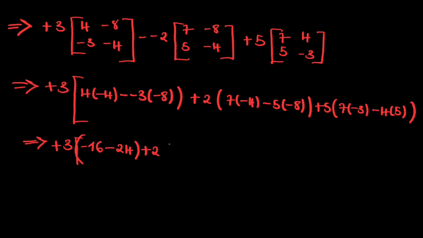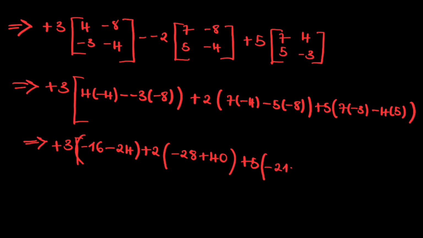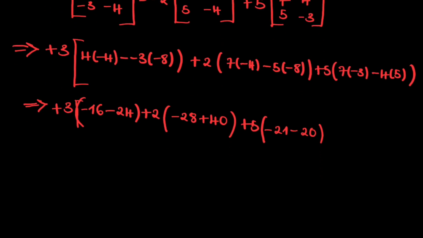Plus 2, 7 times minus 4 is minus 28, plus 40. Now plus 5 into minus 21 minus 20. So we simplify it further.